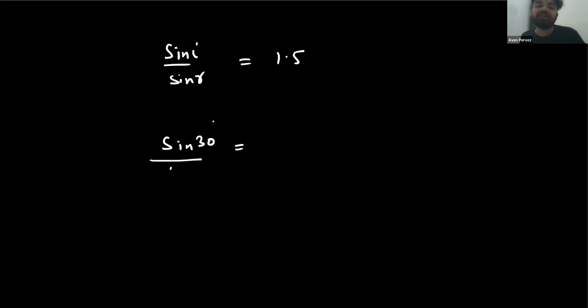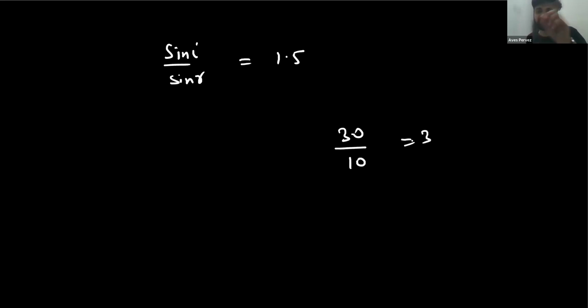Let me explain one more time with an example. Suppose a ratio is 30 by 10, which gives 3.